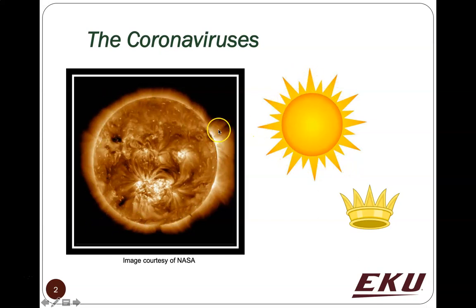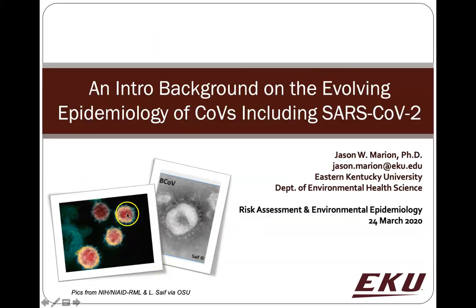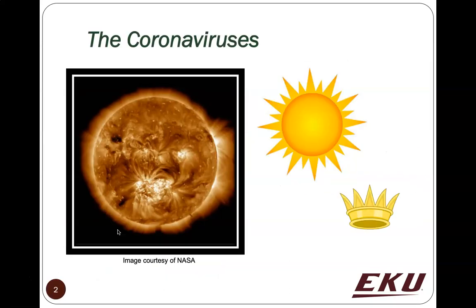This picture from NASA shows kind of the corona of the sun, and then human eyes also have a place that we call the corona in the anatomy of the eye. So that's where the coronaviruses get their name. So you can kind of see they have this like corona around the outside of them. And that corona is what also helps make them more easily attached or more specifically attached to their eventual host.